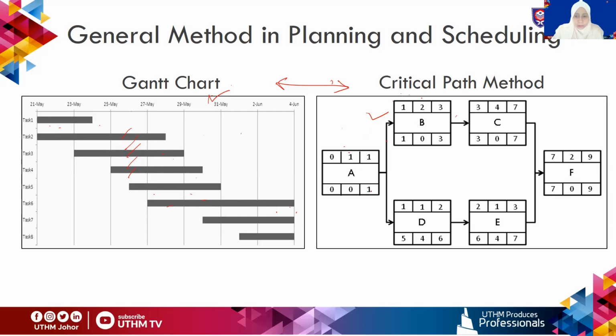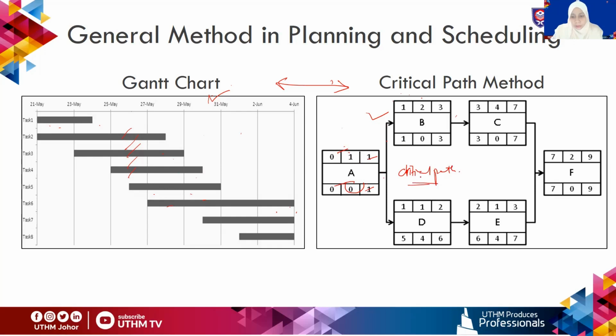Then the critical path method will show the relationships or dependencies of each activity, and it helps us to calculate the early start, early finish, late start, late finish, and total float of each activity. So with this we can determine the critical path. Okay, critical path.